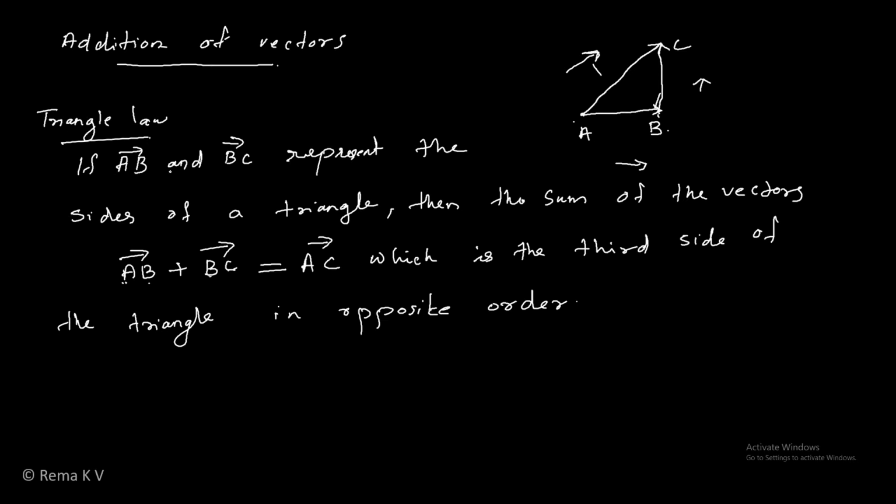This is the triangle law of vector addition. Vector AB plus vector BC is equal to vector AC. AB plus BC is equal to AC. Is it clear?